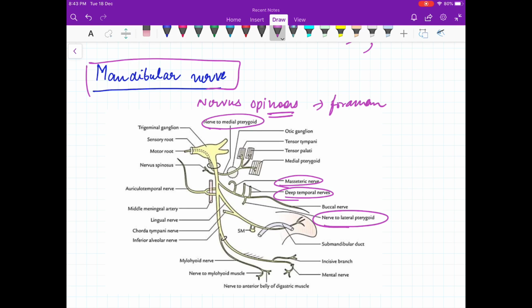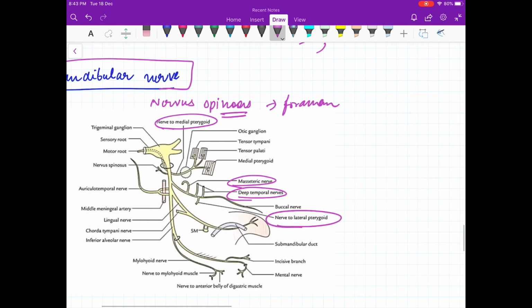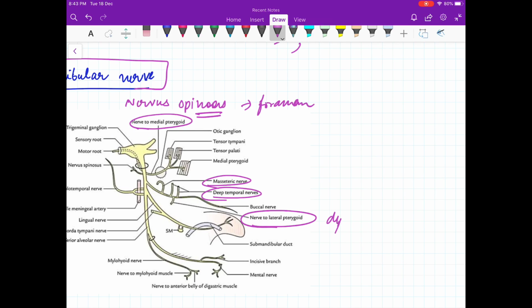What is the function of lateral pterygoid, friends? Lateral pterygoid causes depression and protrusion of the mandible.